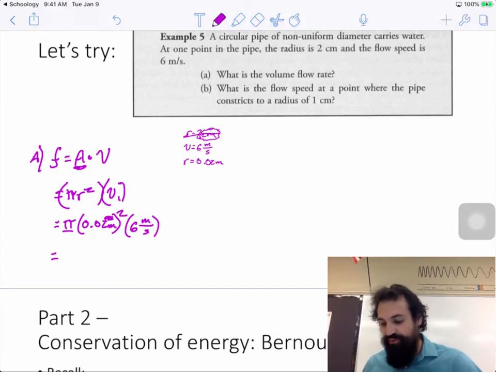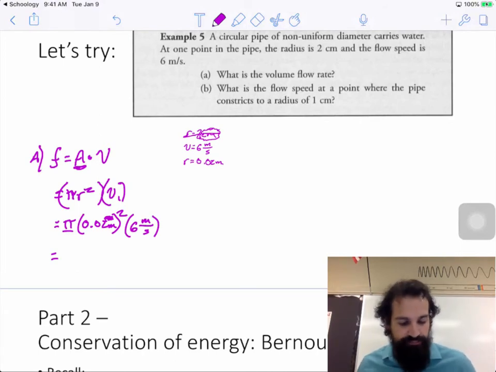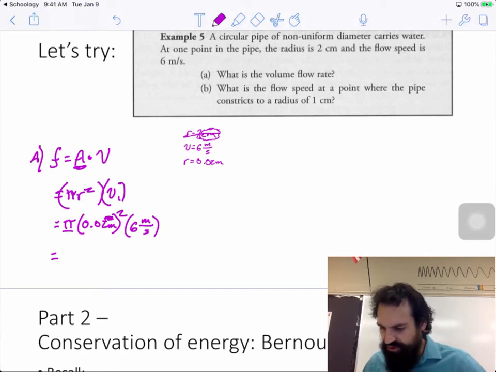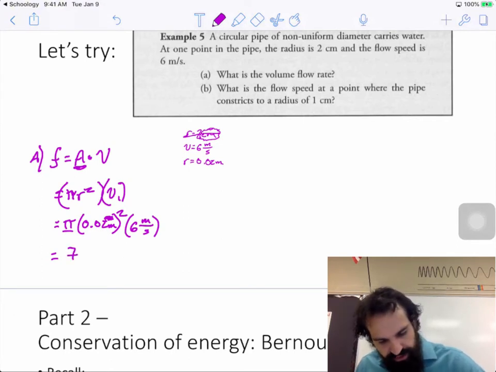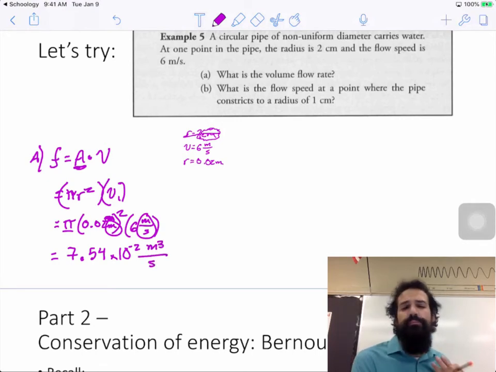And when I plug that into my calculator, I'm just going to use 3.14 because it's a close enough approximation of pi, but you could leave your answer in terms of pi. I'll do it both ways so you can see. 3.14 times 0.02 squared times 6, and we get 7.54 times 10 to the negative 2 meters squared times meters per second, or cubic meters per second. And that unit makes sense for a volume flow rate. This many cubic meters of water are flowing through the pipe every single second.